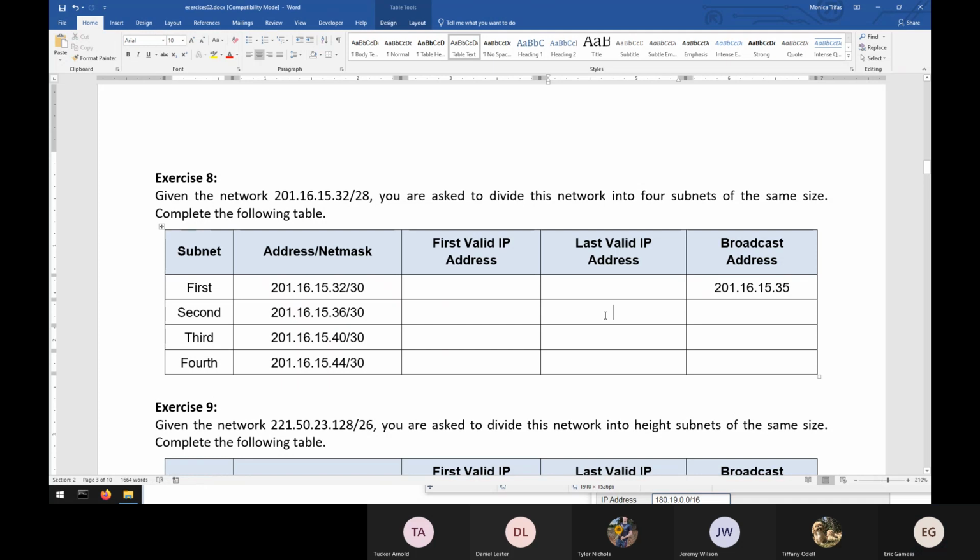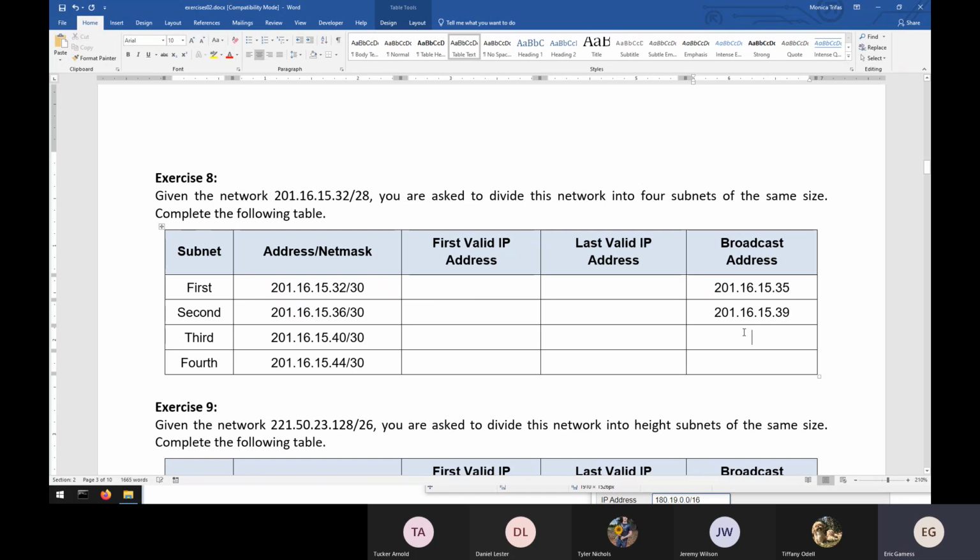Okay? So what will be, for example, the broadcast address of the second subnet? So if the third subnet starts in 40, this one has to end in 39. So 201.16.15.39.